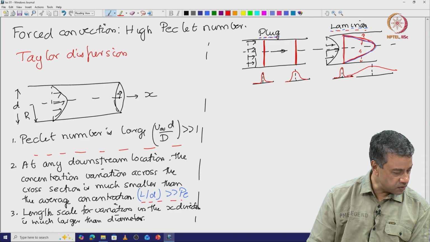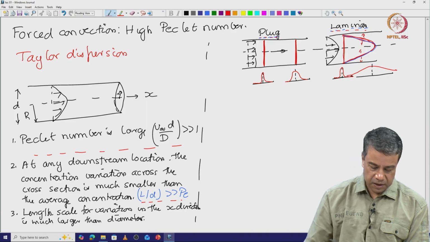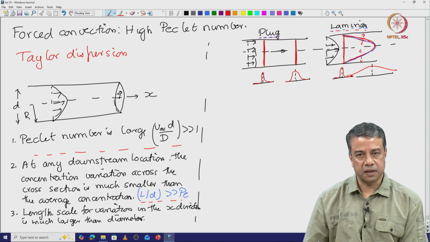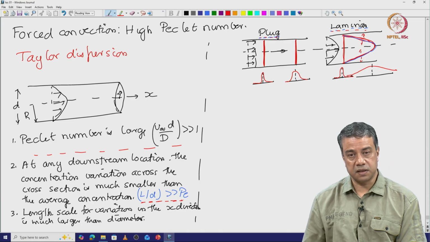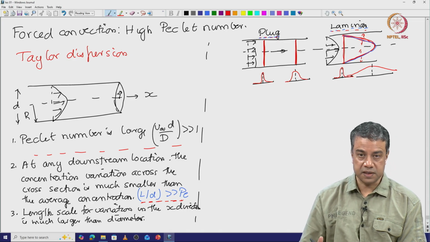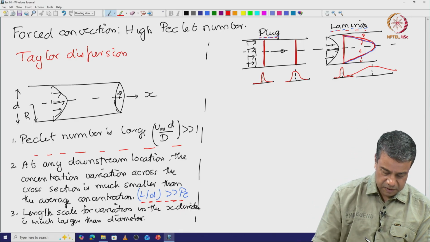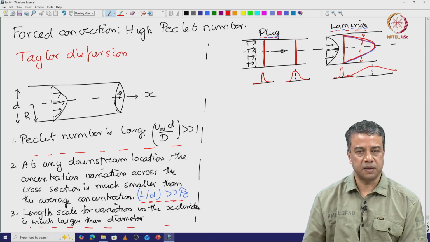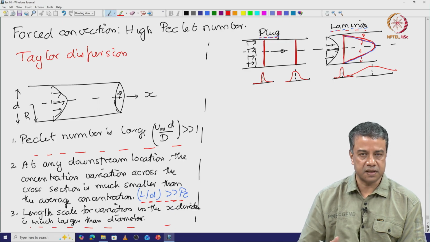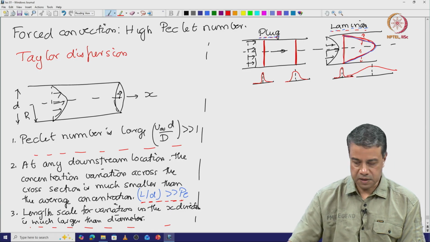That condition is valid when the length by diameter ratio is much larger than the Peclet number, and note that the Peclet number is itself large in this case. And finally, the length scale for variation in the axial x direction is much larger than the diameter. Diameter is the length scale for variation in the radial direction.